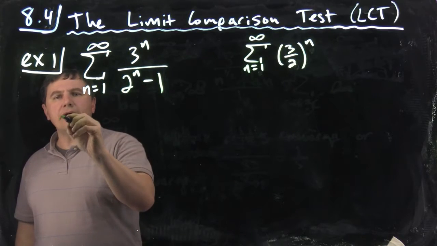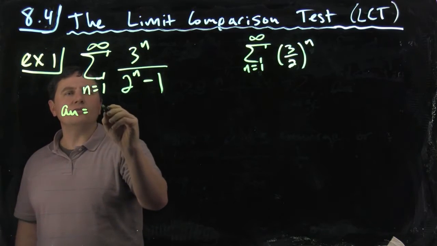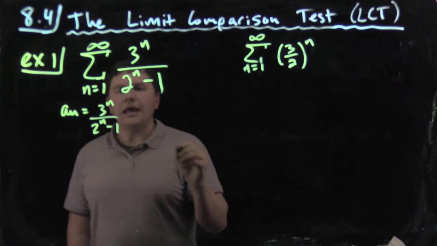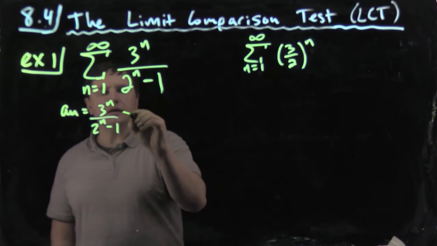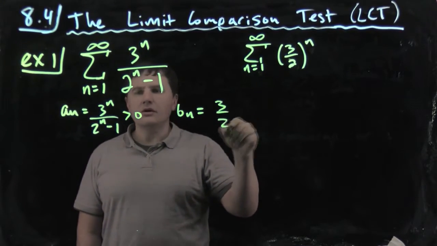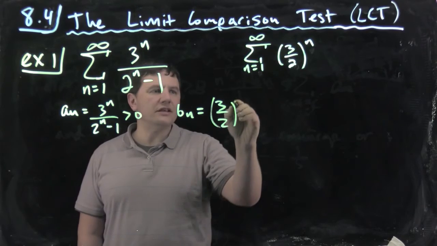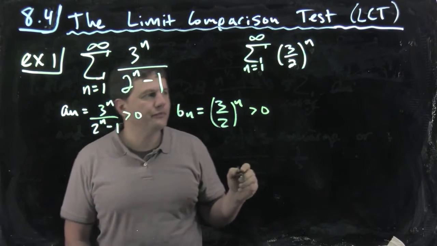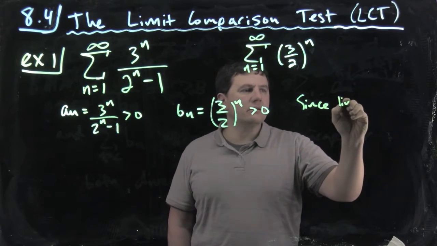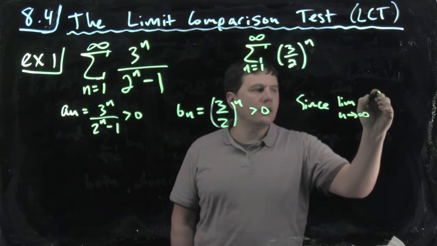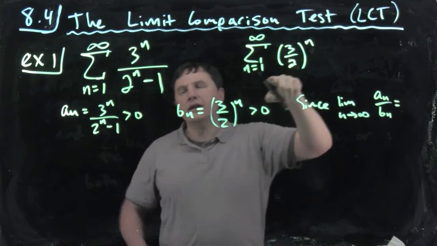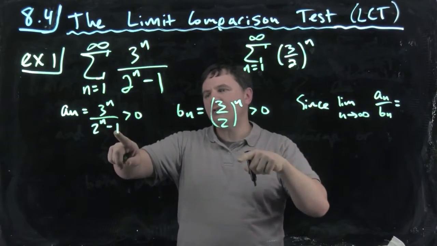So I would say, so we have a sub n, which is equal to 3 to the n over 2 to the n minus 1. And we have, that's greater than 0. We have b sub n, which is equal to 3/2 to the n, and that's greater than 0. Since the limit as n goes to infinity of a sub n over b sub n is equal to, and if we put this over that, the minus 1 will just drop out.